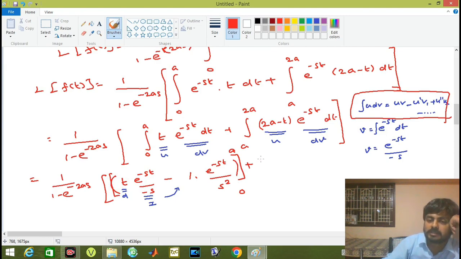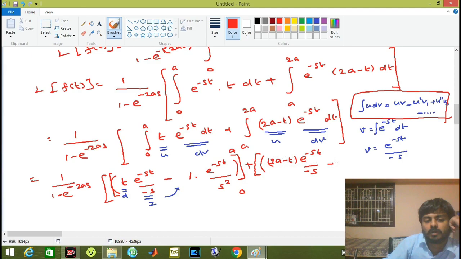Then plus, see now plus, you will have 2a minus t. This is your u. Your v is e power of minus st by minus s. Then minus u dash v1. So u dash means you have to differentiate this 2a minus t. 2a will become 0 and t will become minus 1.